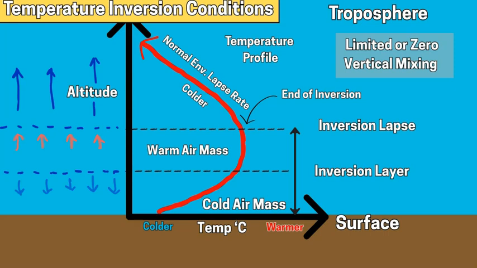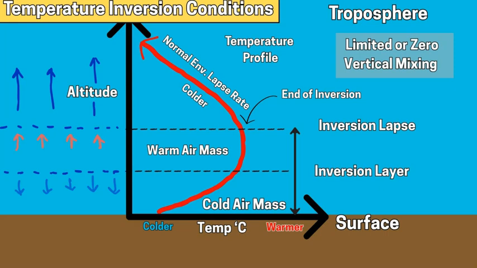As it gets colder, the higher you go. But there's that layer of cold air stuck right by the surface of the Earth, and then above that is a smaller section of slightly warmer air, and this is called an inversion layer. And this warmer air is on top of the colder air by the surface, and this is creating the inversion.